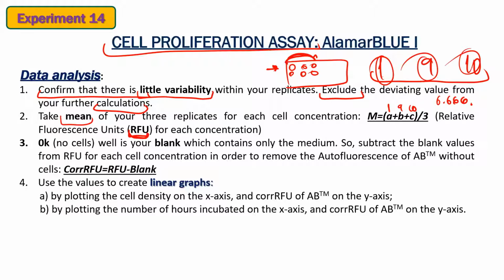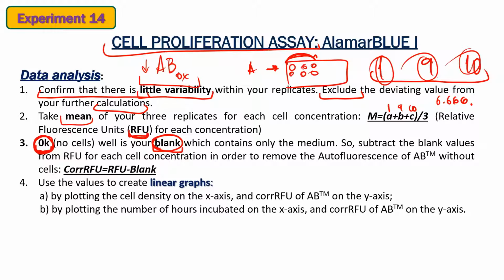So it's not the value that you're going to plot, because you have to blank it or normalize it. The thing here is that you had 0 cells in one of the rows. In this particular case, we had a row not seeding cells at all, because you want to know the background. The background is related to the low fluorescence of oxidized Alamar Blue, and also the plasticware, etc. So everything can add up to the background.